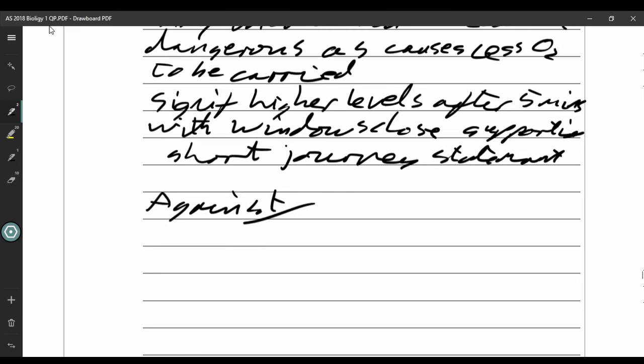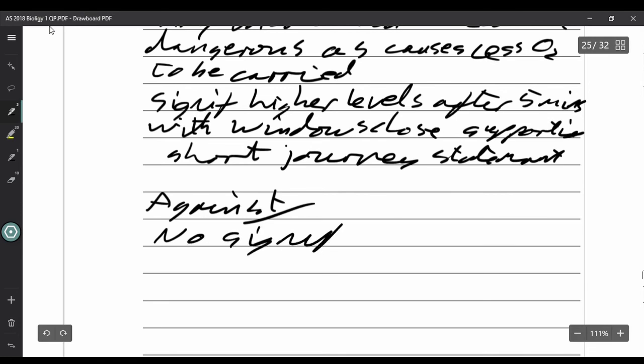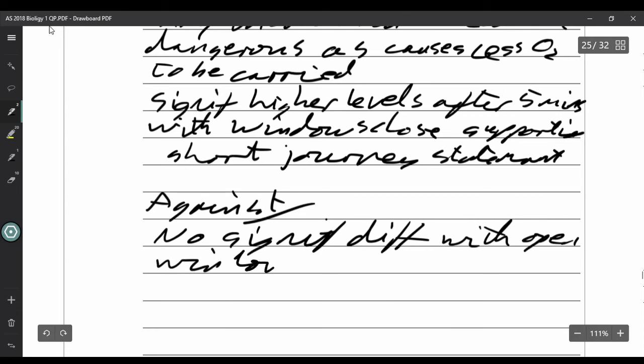So we can say that there's no significant difference with open windows as there is a 2SD overlap.